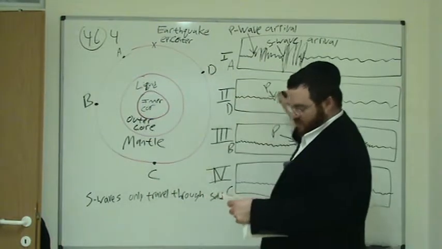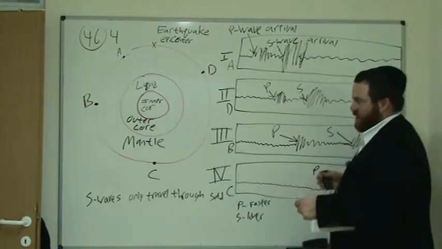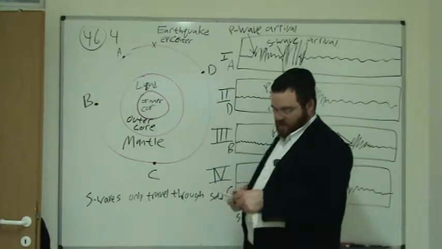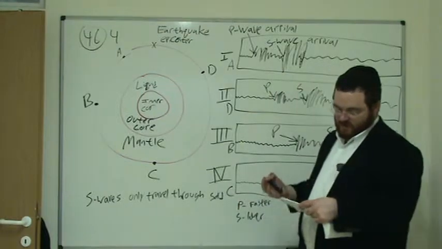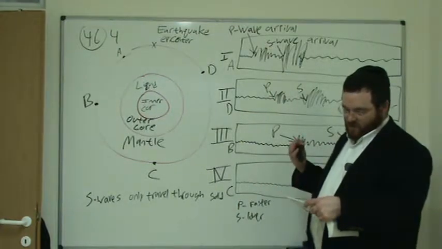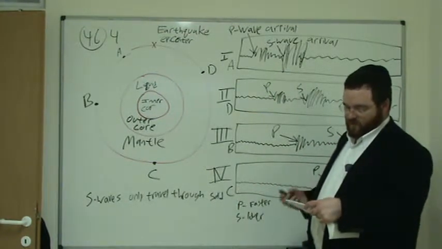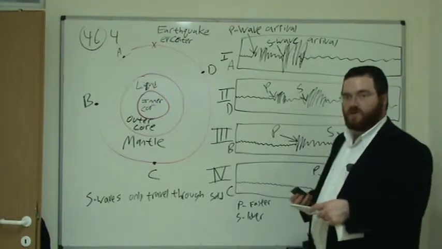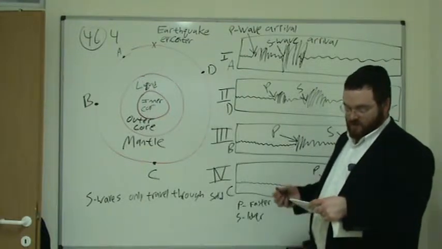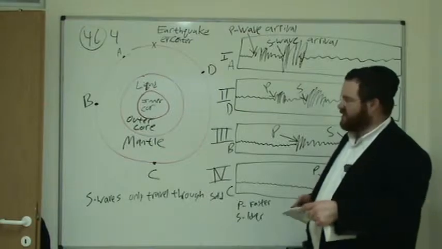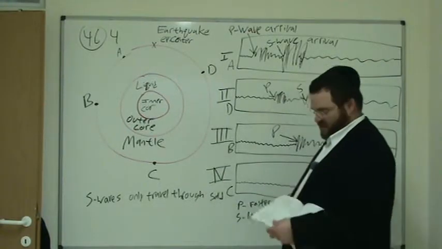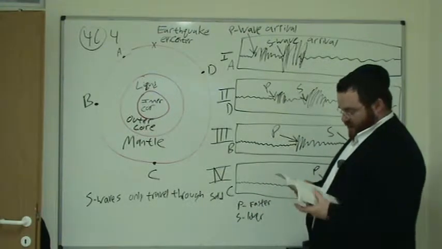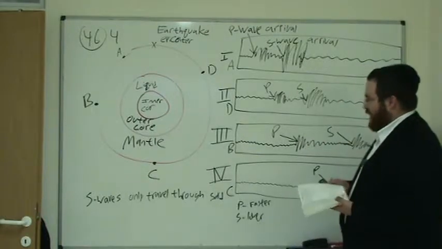And in diagram 2, they tell you that there were 4 seismograms where it was recorded the strength of the earthquake at 4 different stations A, B, C, and D. And that's what you have over here.